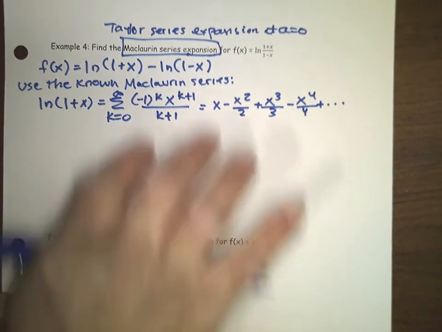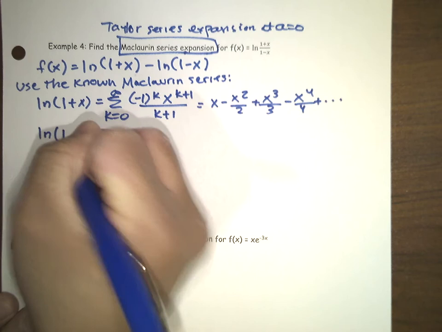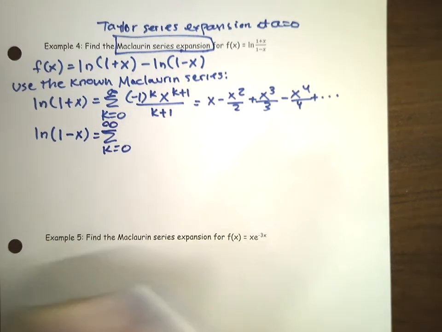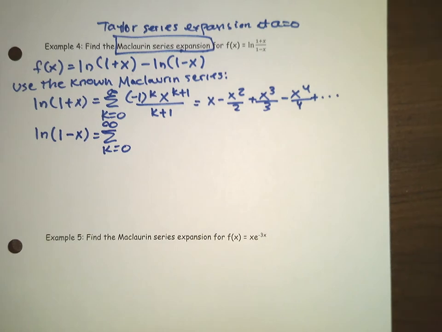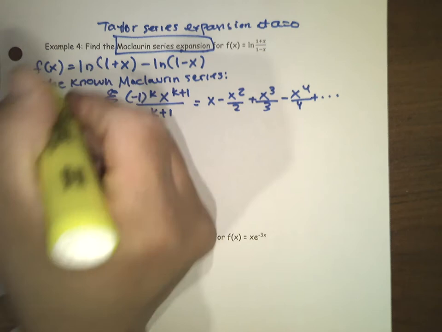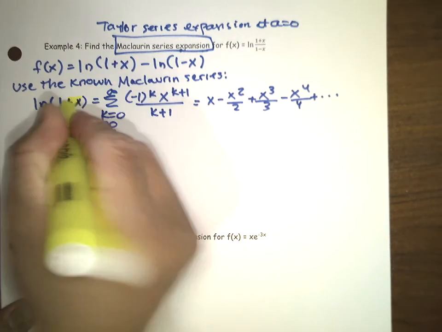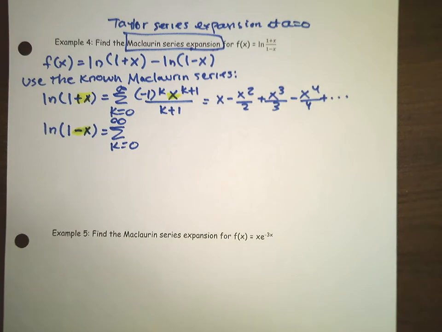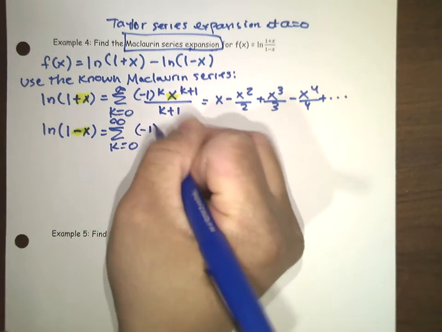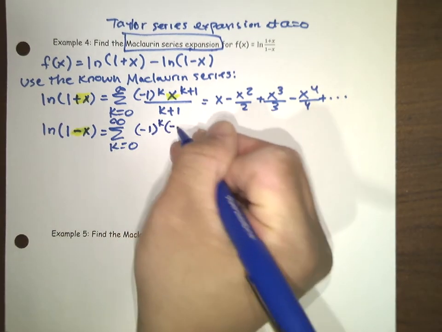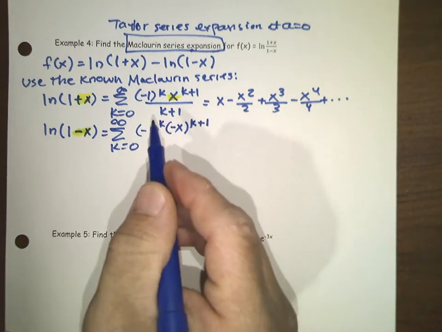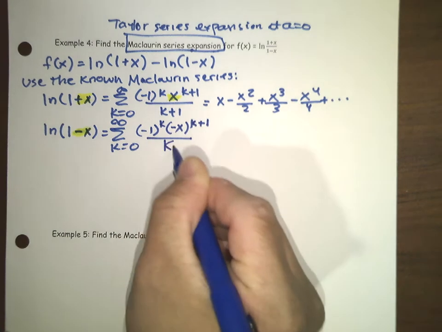And so now if we want the natural log of 1 minus x, then this will be the same series here, but instead we need to compare them and see that this was plus x, and so this one will be minus x. So what we're going to have here is negative 1 to the k, and then negative x to the k plus 1, and then all over k plus 1.